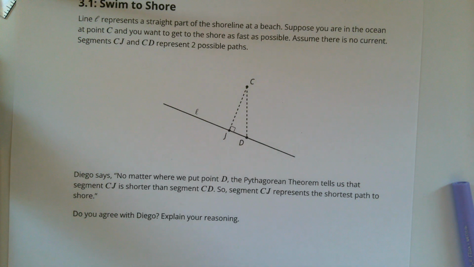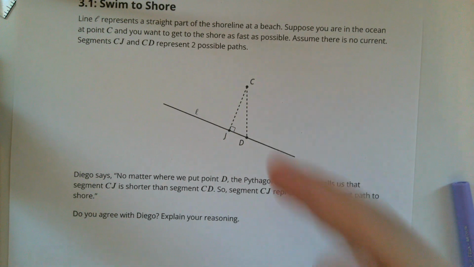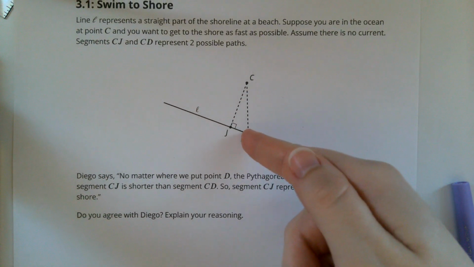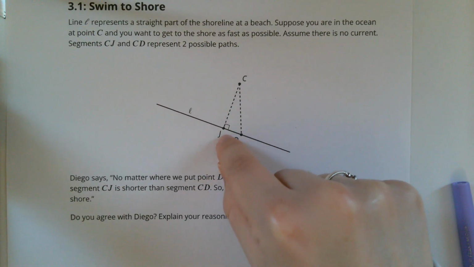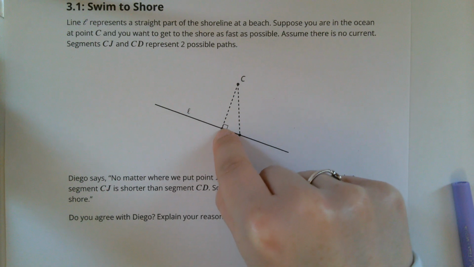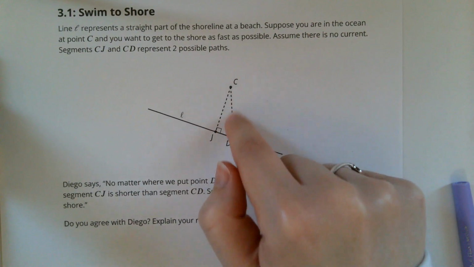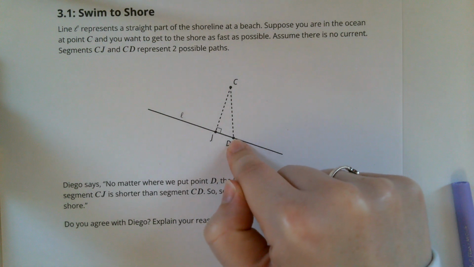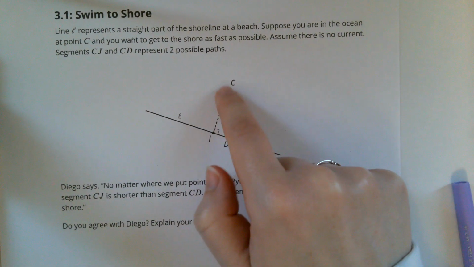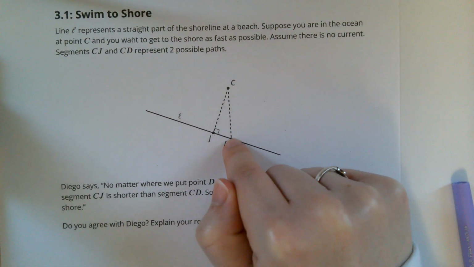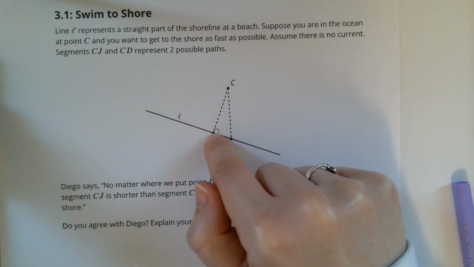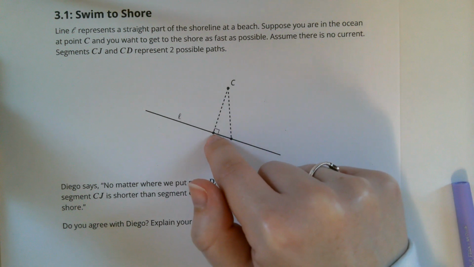He is correct that no matter where we put D, unless it's right in the same spot as J, segment CD is always going to be longer than segment CJ. In that case, it would be the same length.